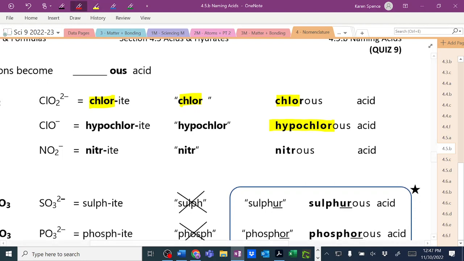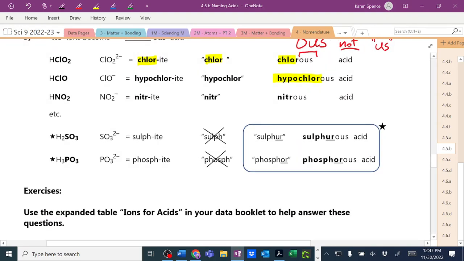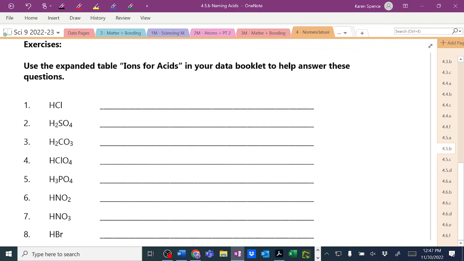And I want you to take note here, this is OUS, not just US. It's OUS, not just US. Okay, so chlorous, not chlorus. And once again, I'm going to remind you, who are the 2 weird ones that have 3 syllables? Sulfur and phosphorus. Sulfurous and phosphorous. Okay?